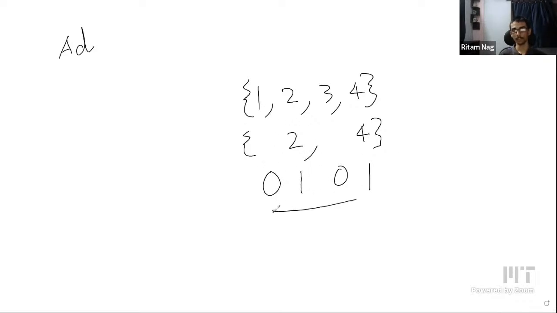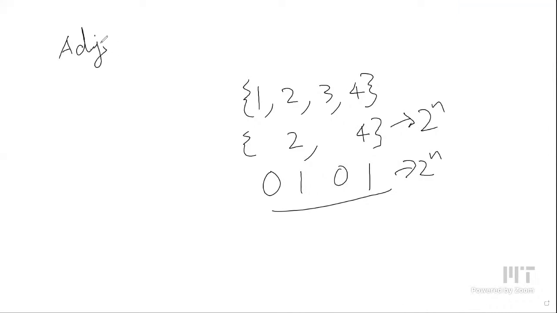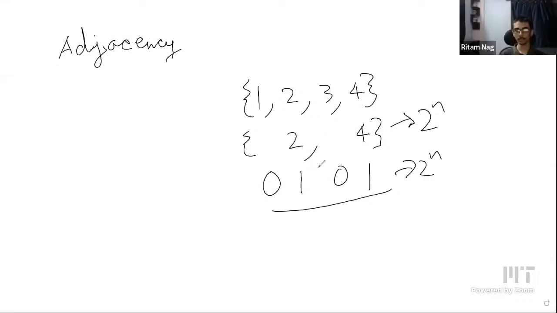That's how you get a correspondence between the 2 to the power n binary strings and the 2 to the power n subsets. This is basically the reason why there are 2 to the power n subsets. Every subset maps to a distinct binary sequence of length n and vice versa.